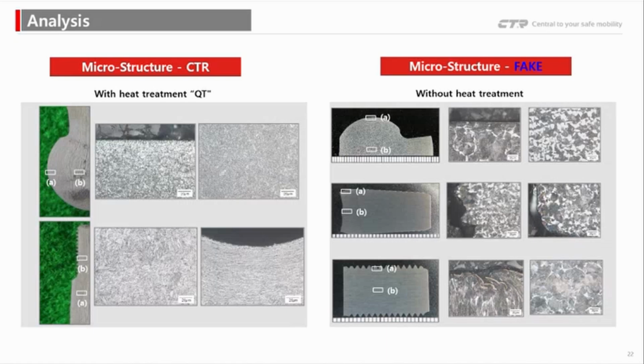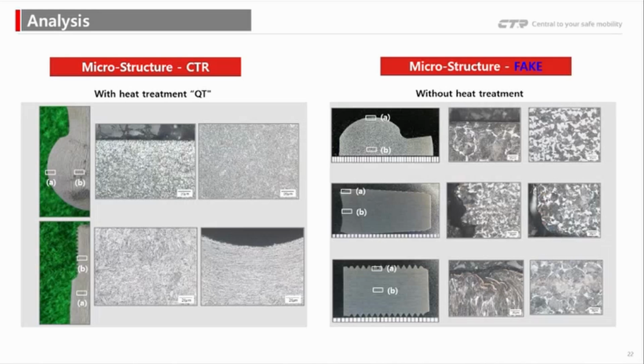On the right, we see the fake product. It has not undergone proper heat treatment, or none at all. The microstructure shows large, uneven grains and voids, which lead to lower mechanical strength, increased brittleness, and high risk of failure on the road.